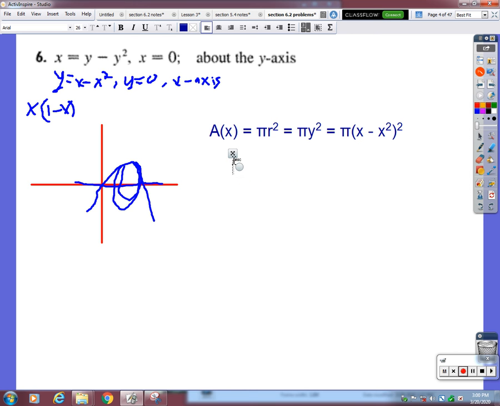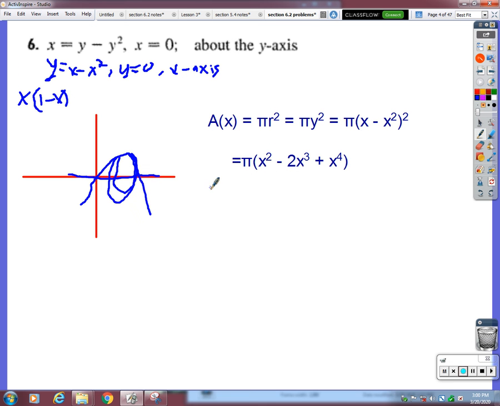This is going to be pi times x squared minus 2x cubed plus x to the 4th. This thing squared, these two things multiplied together then doubled, and then this thing squared.